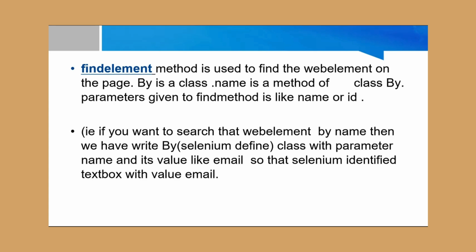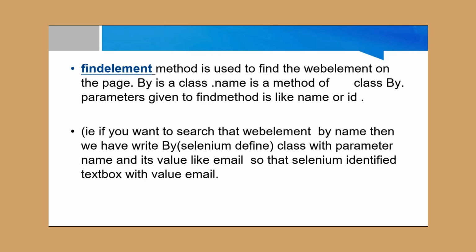So we must tell Selenium to identify that web element with the locator's value. The locators are name, ID, class name, all are locators. If the username text box's name is username, we should tell Selenium that the text box which has the name username is the one I have to test, because so many text boxes are there.